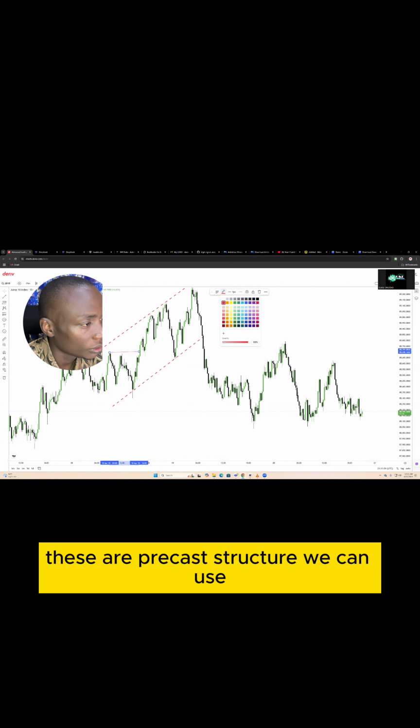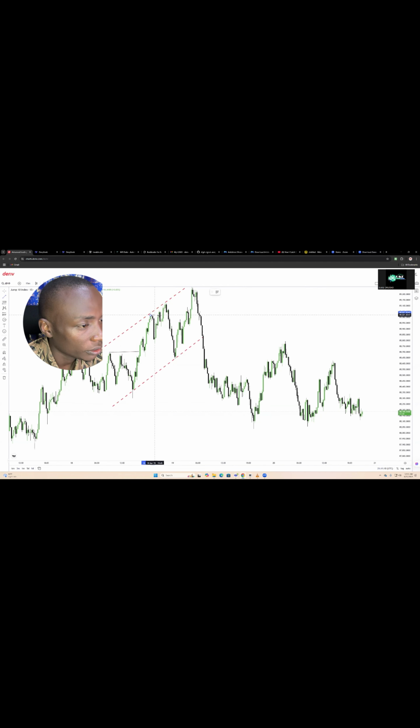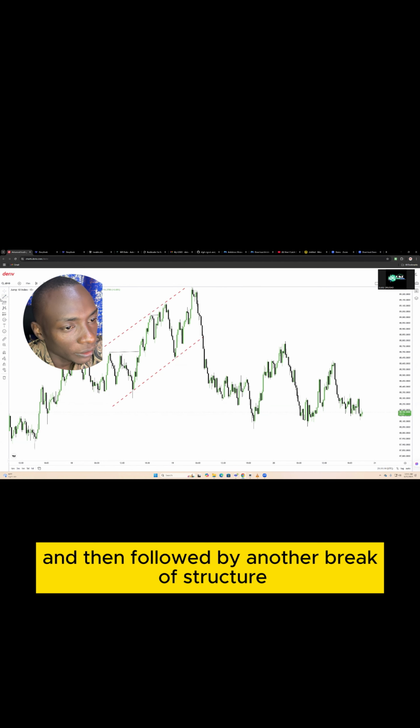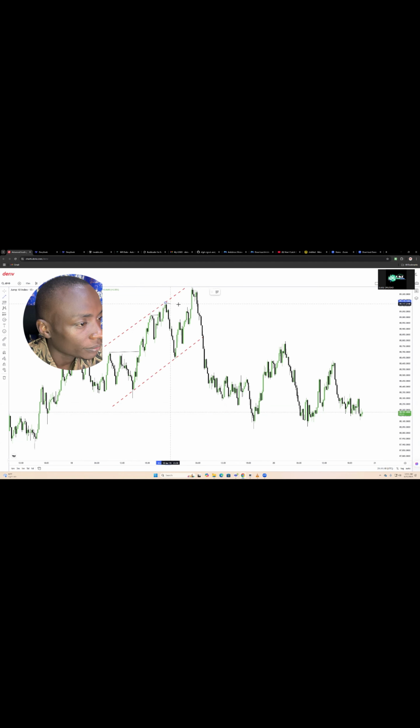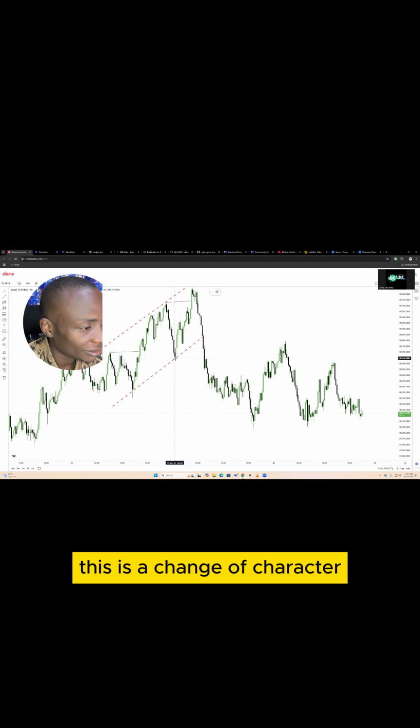And then we have another breakout structure around here, followed by another break of structure. And then we have a change of character. This is a change of character.